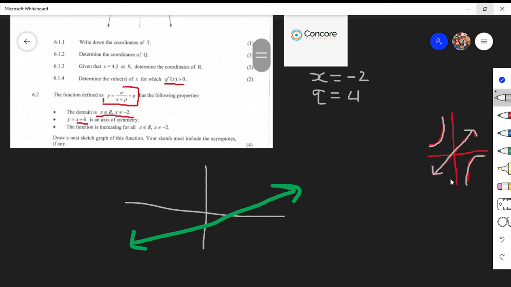You can see that this is an increasing function because as the graph starts off from the left, it's all the negative values. And as it goes towards the right, it becomes positive values, which means it's increasing. So as the x values are increasing, the y values as well are increasing.